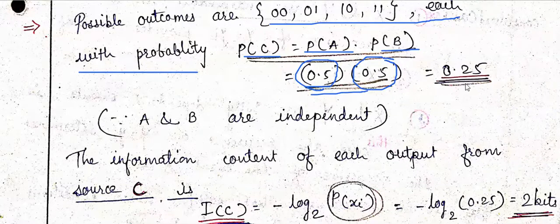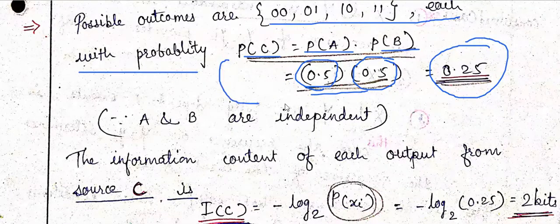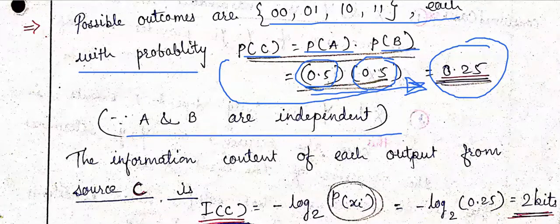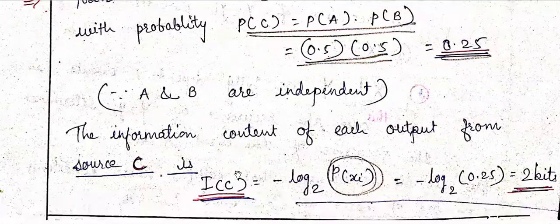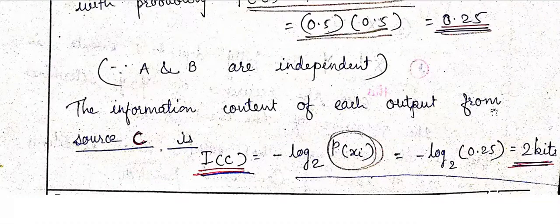So 0.5 into 0.5 is 0.25. So overall we conclude that the probability of C is 0.25, since A and B are independent.